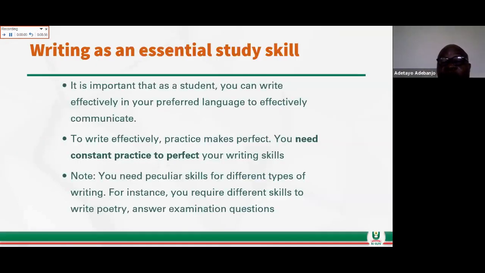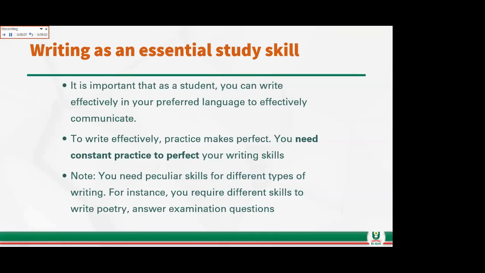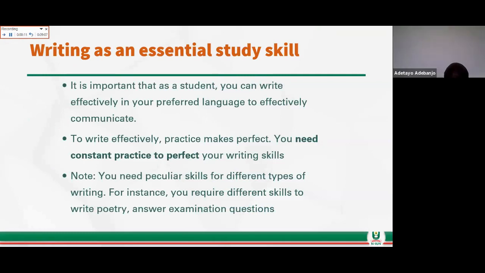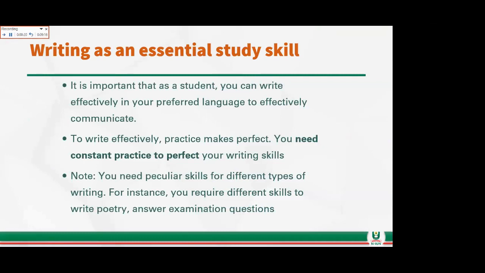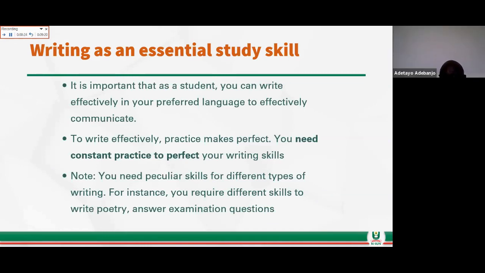When we say, why is it important to write? Why is it an essential skill? When you write, mostly you write in order to make perfect. Writing and reading are synonymous in a way.